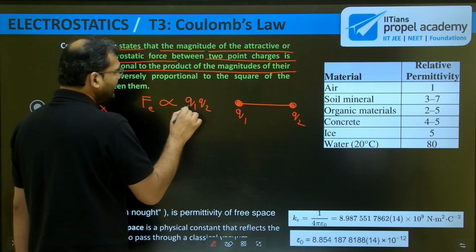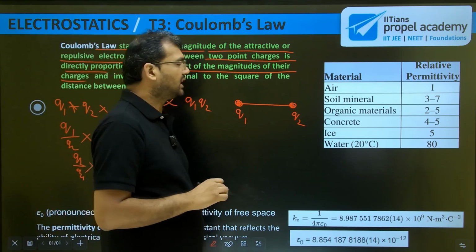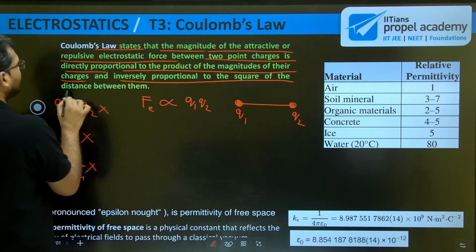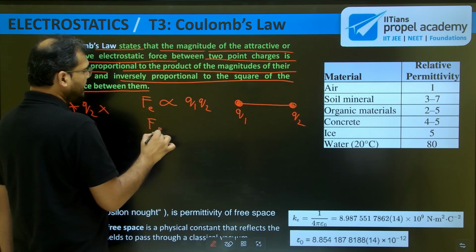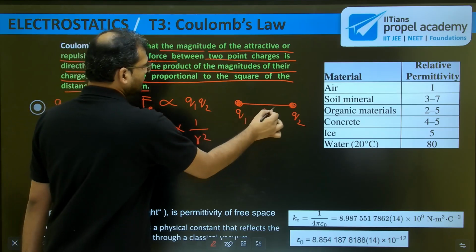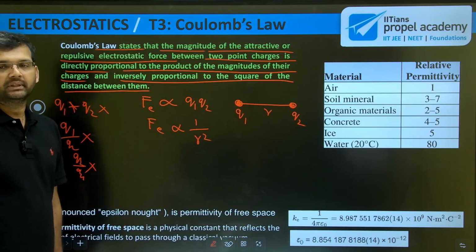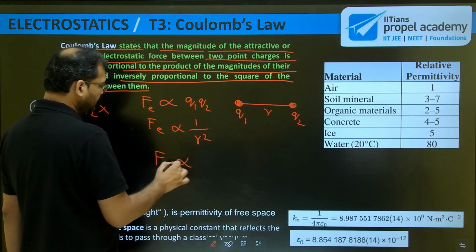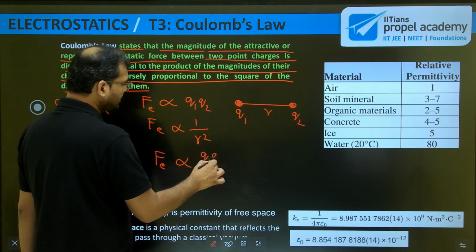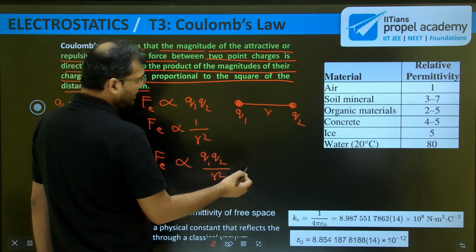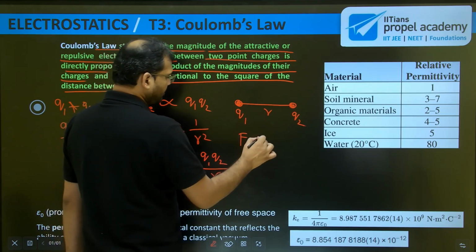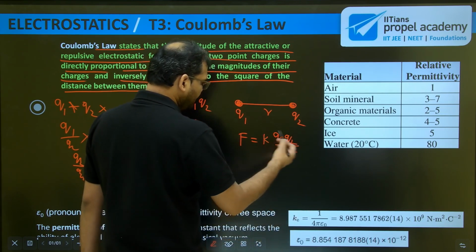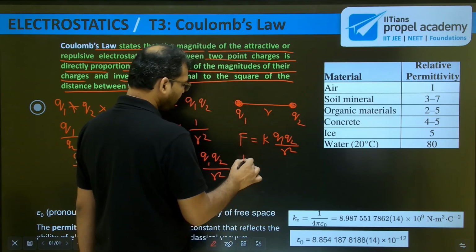It is exactly the product of charge 1 and charge 2, and inversely proportional to the square of the distance between them. So Fe is inversely proportional to R square, if R is the distance between the charges. By combining these two, you can write the Coulombic force is proportional to Q1 Q2 by R square. Take out the proportion and give a proportionality constant: F equals K Q1 Q2 by R square, where K is the proportionality constant.